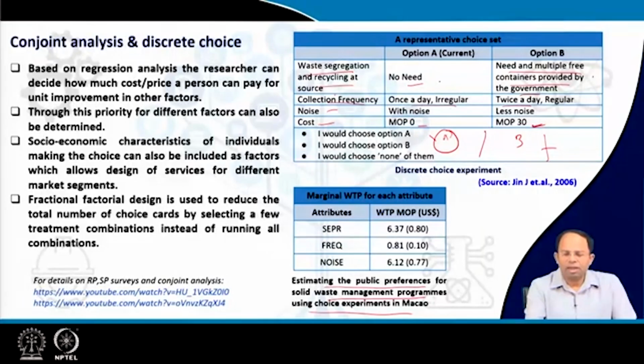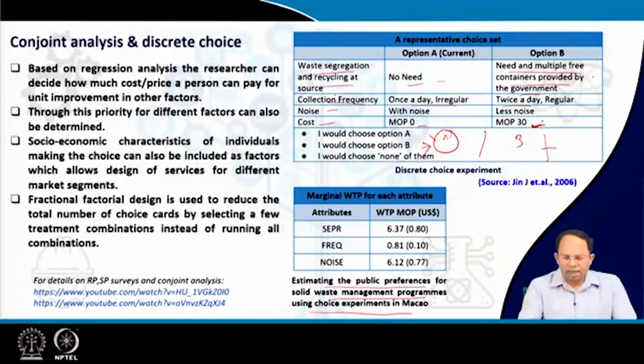That means increasing the value of which factor will increase the probability of choosing that particular choice, right? So that is how discrete choice experiments and conjoint choice vary, but in both cases we are using WTP. We have an estimate of WTP, or we can predict that for changing which parameter, what could be the extra amount that we can charge, or what is the willingness to pay of people for that particular change.